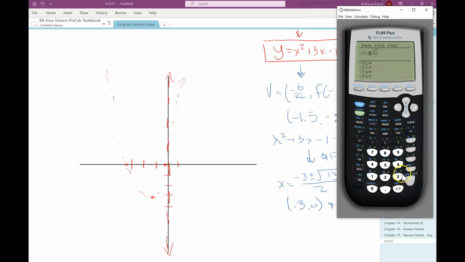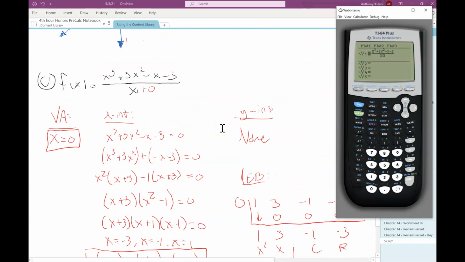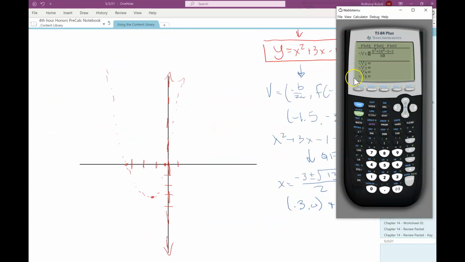X cubed plus 3x squared minus x minus 3 all over x. Is that right? Yeah. That is definitely not a good enough, or you typed in the wrong function there.